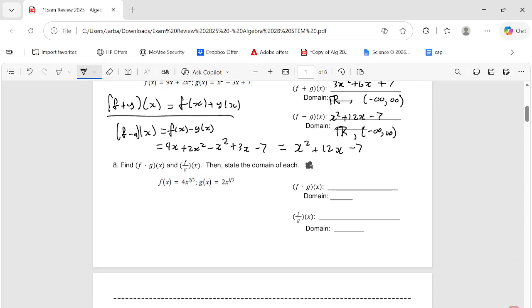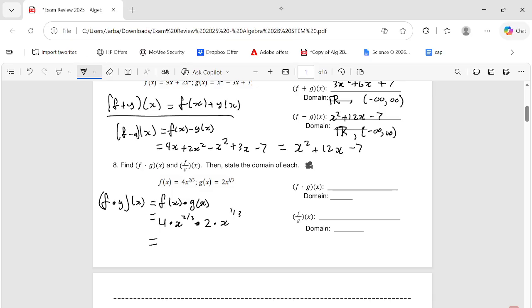Alright, now we're going to do that for multiplication and division. So f times g of x is the same thing as f of x times g of x. So that's 4 times x to the 2/3, times our g of x, 2 times x to the 1/3.